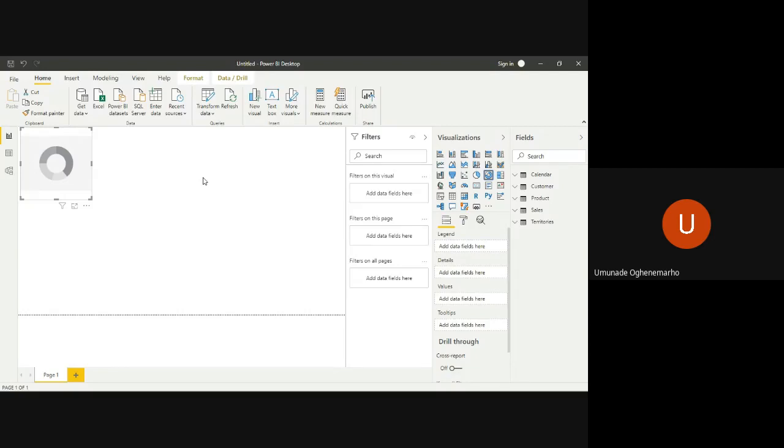As I said earlier, when you have clustered data, a pie chart will do you no good. In fact, it's better to have a clustered bar or column chart than to have a clustered pie chart, because when your pie chart is clustered, it shows no information.